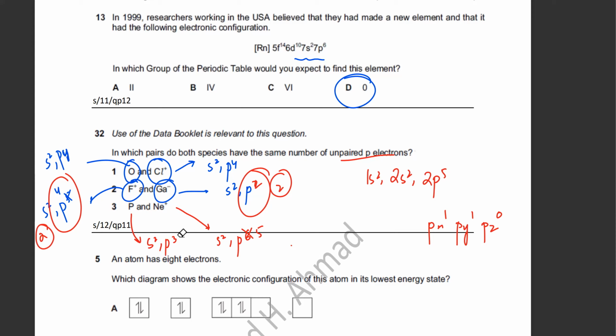That means you have 3 unpaired. Each one would have 1 electron each, so all of them would be unpaired. P5 means that there are 5 electrons. So that's going to be 2 and 2 and then 1. So there's only 1 unpaired. So the last one is incorrect. They don't have the same number of unpaired p electrons.